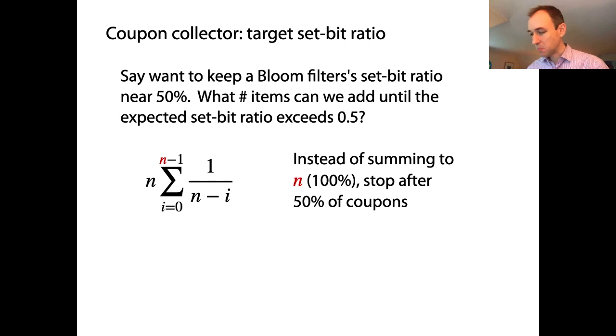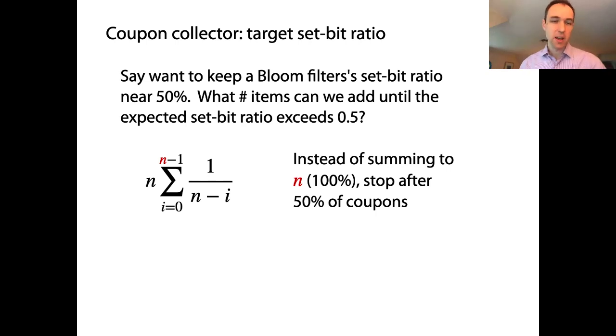So just as an example, let's shift back to talking about the Bloom filter version of the coupon collector problem. In case you couldn't tell, the way that we translate the coupon collector scenario into the Bloom filter regime is that the slots of the Bloom filter are the coupons, and setting them to 1 is collecting the coupon. So say, because we know this is optimal, we want to keep a Bloom filter set bit ratio near 50%.